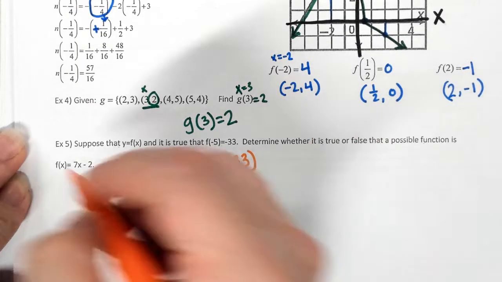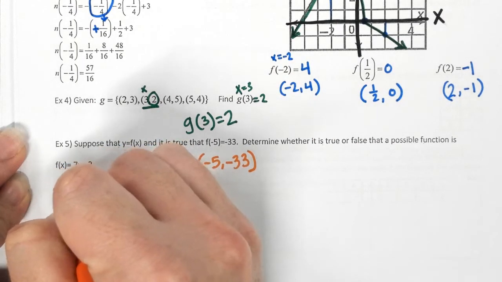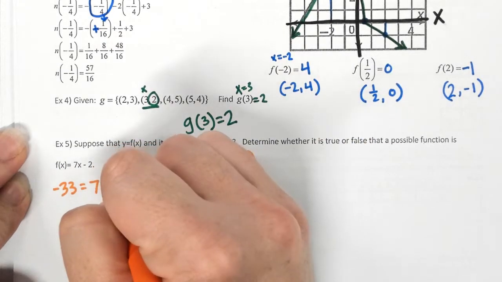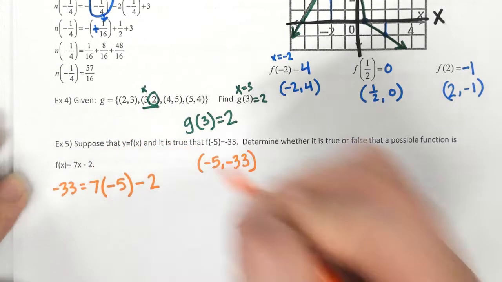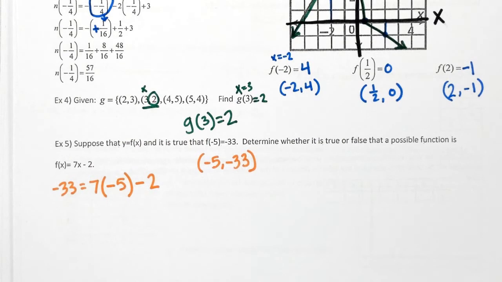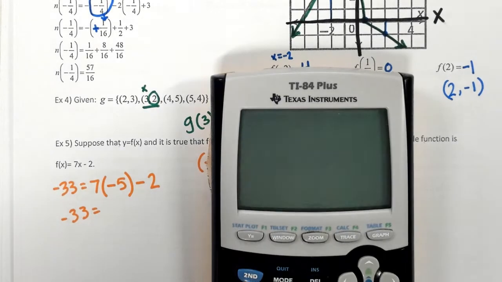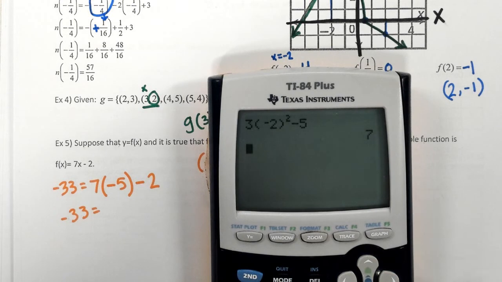So y is negative 33 equals 7 times x is negative 5 minus 2. All I've done is plug it in. Yes? And then I'm going to see what it equals. So negative 33 equals 7 parentheses negative 5 parentheses minus 2.